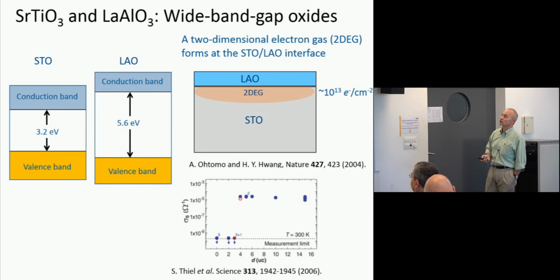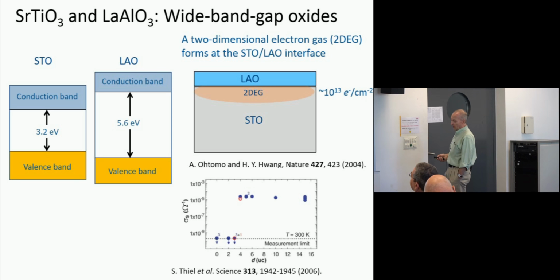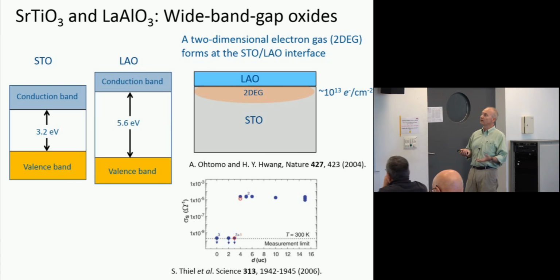Now about a little over 10 years ago, a very interesting discovery was made that reignited interest in this field, namely the discovery of a spontaneous formation of a two-dimensional electron gas at the interface between two of these oxides.